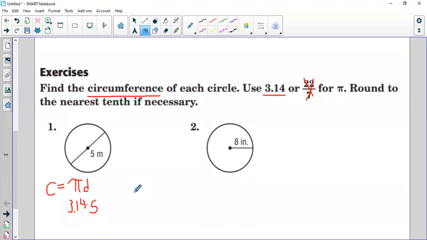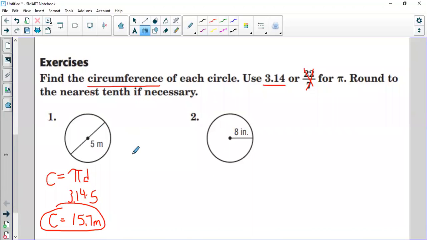I'm going to grab my calculator. 3.14 times 5 gives me a final answer of a circumference of 15.7. Now I'll give it a label. It's meters, and it's just a distance around, so it's not squared or cubed or anything. It's just plain meters. 15.7 meters around that circle.